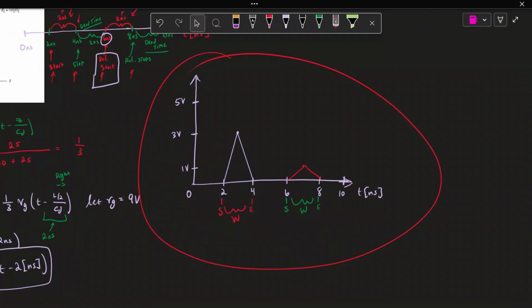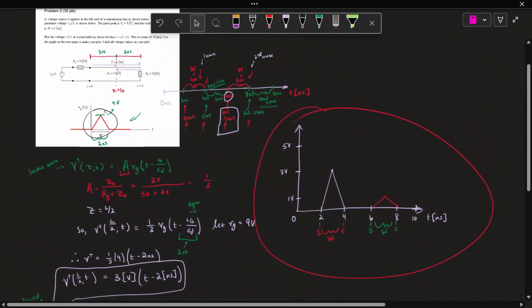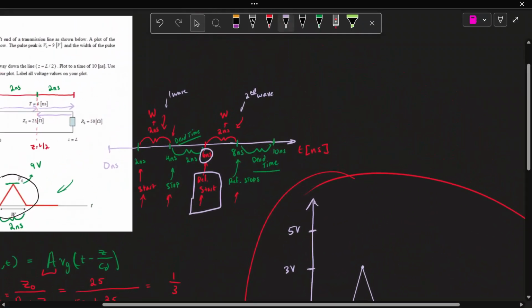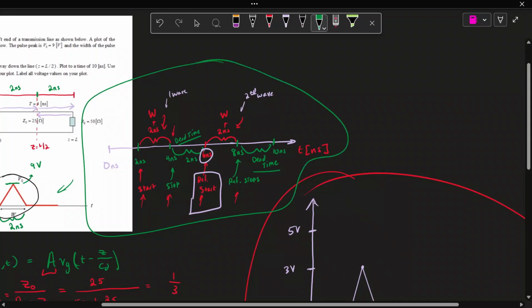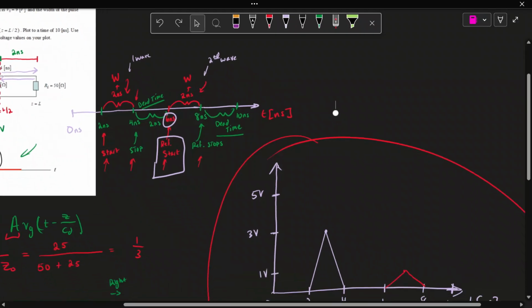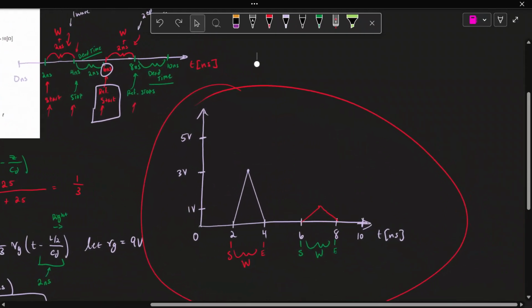Now, this wasn't too hard. This was one of the easier questions, but it is still something we have to learn. I'm not saying you have to follow this, but at the beginning, when you're doing these, if you do this timeline, it makes things a whole lot easier when you're trying to picture what your plot is going to be.